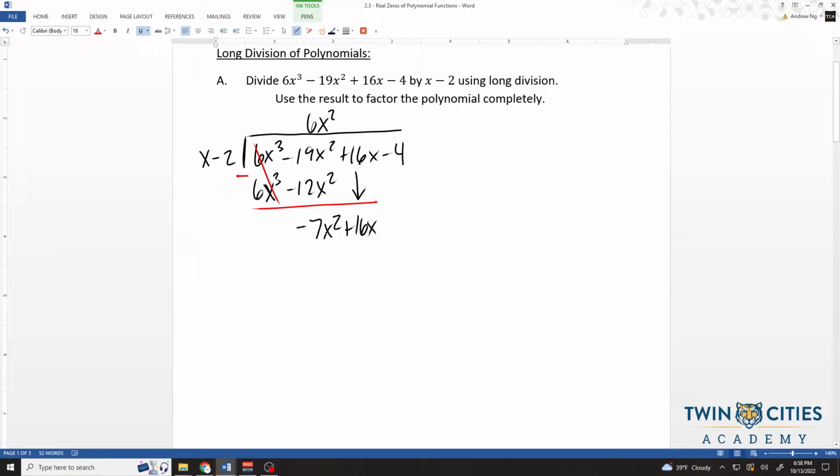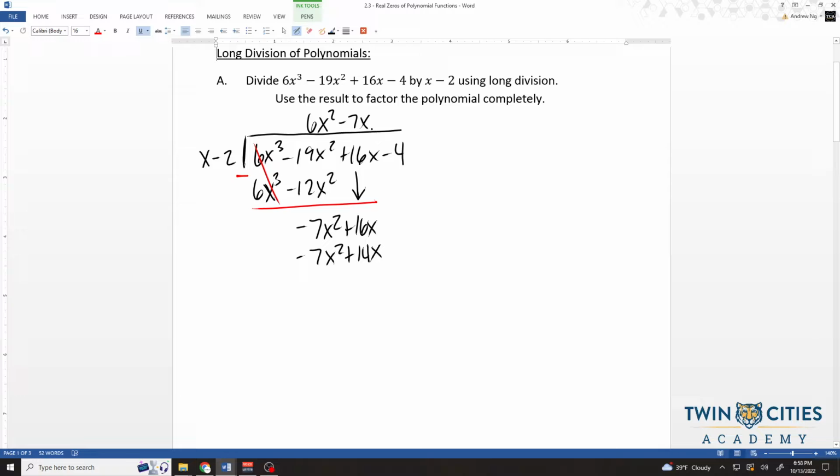I'm going to divide this by x, and that'll give me negative 7x. Then I take whatever I just got and multiply it to all the terms on the outside. So negative 7x times x gives me negative 7x squared. Negative 7x times negative 2 gives me plus 14x.